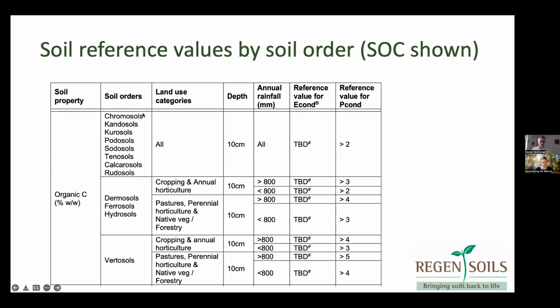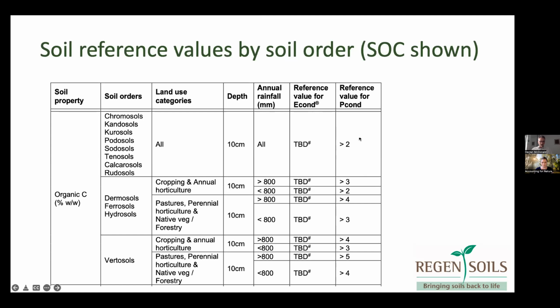So many of these soil orders we can group together because there's not going to be a substantial difference in rainfall areas with these soils in terms of what a minimum soil value needs to be for the pecan.